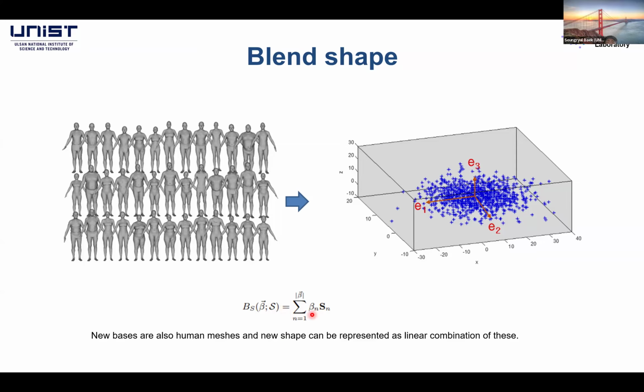You can control the person's shape by adjusting this scalar value. So you can control the mesh's shape by adjusting this beta, and this beta is now called the shape parameters.